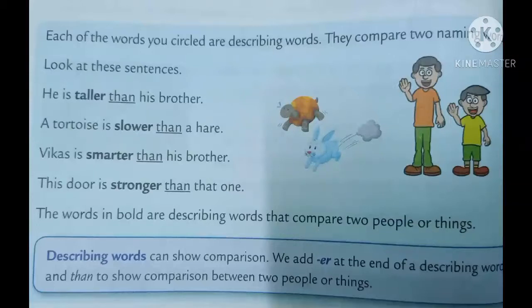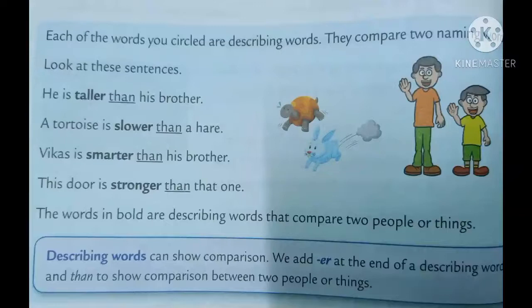So, how it is used for comparison by adding er and than. Okay, children. Again, er is added to slow. That means slower. And than is added. So, in all sentences, er and than is added to show comparison between two people or things.